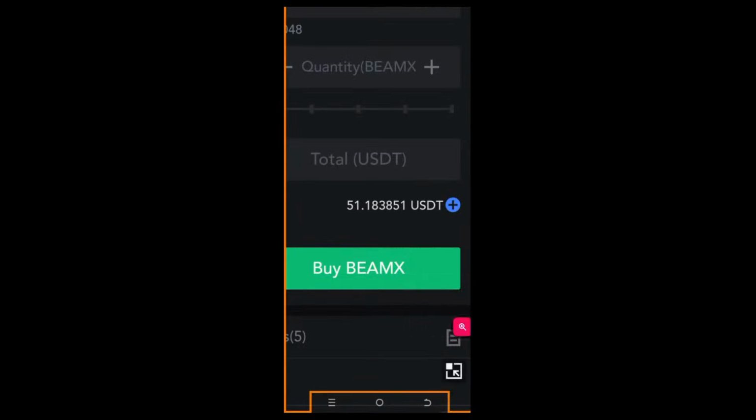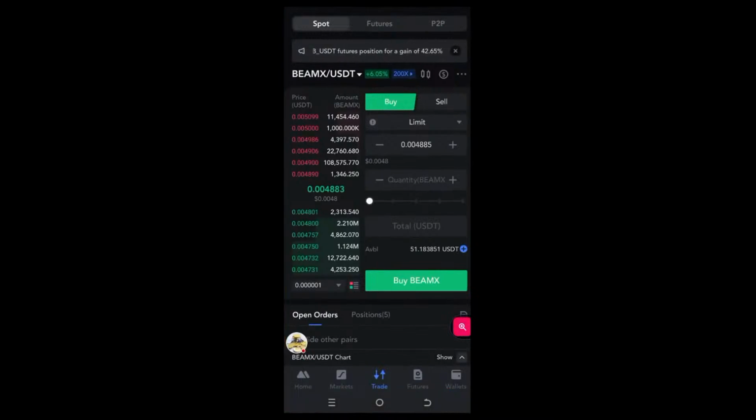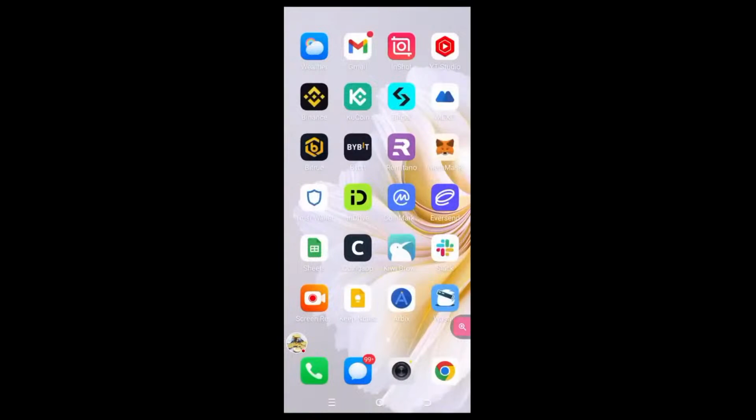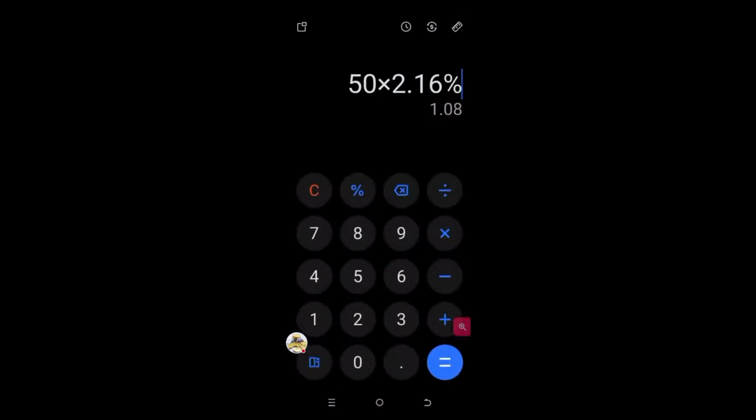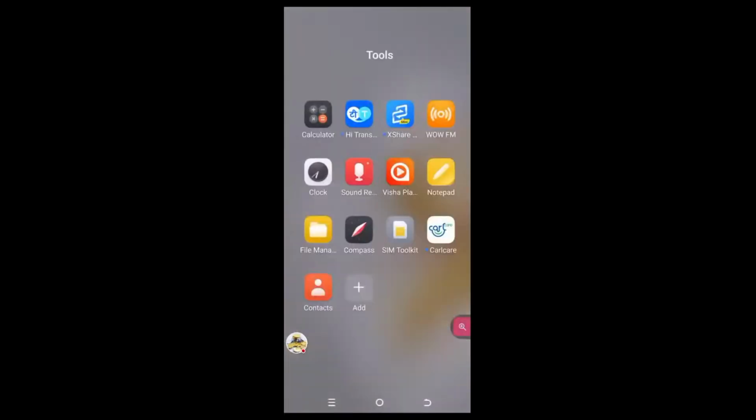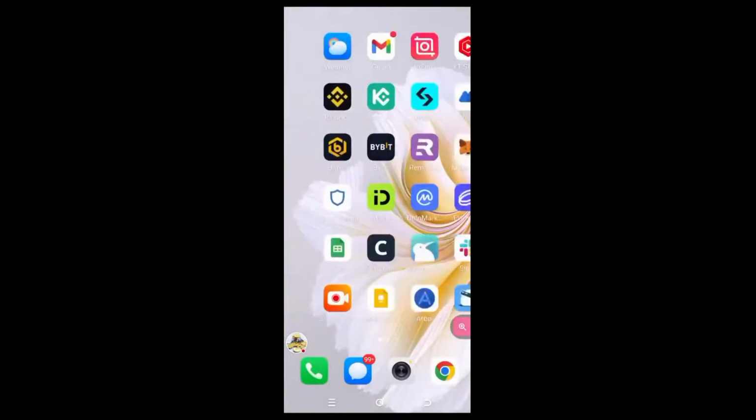We have $1.18, and that is 2.36%, if my brain is not failing me. Let me check that out. Yes, I'm correct. I remember it from one of the trades I did earlier. So that's 2.36% that we got from Mexi.